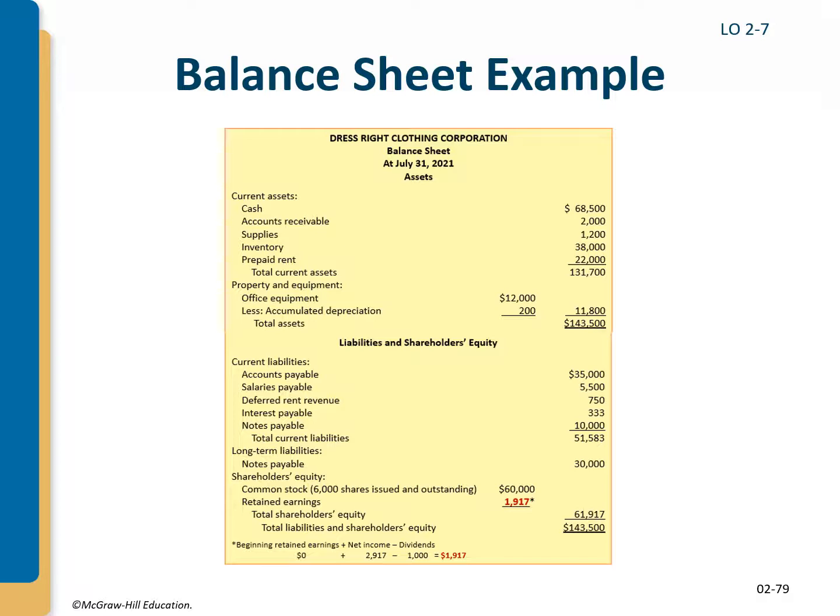So the balance of retained earnings is $1,917. Add those two together to get your total shareholders' equity. Add your current liabilities, long-term liabilities, and total shareholders' equity to get total liabilities and shareholders' equity. And we know assets must always equal liabilities plus equity.